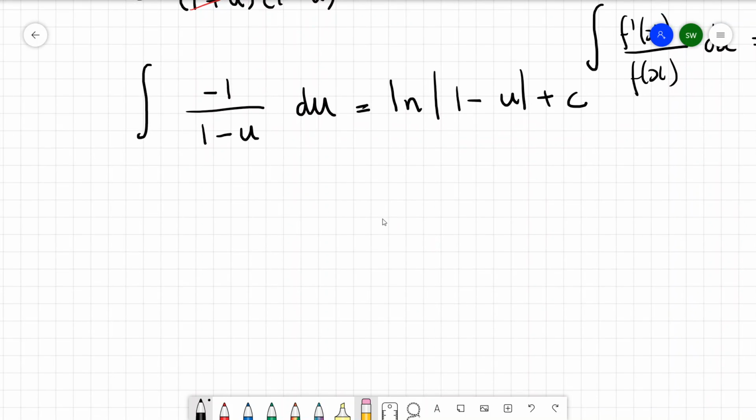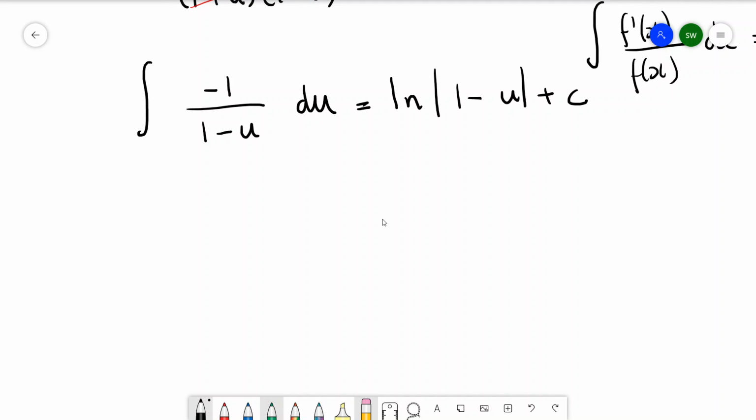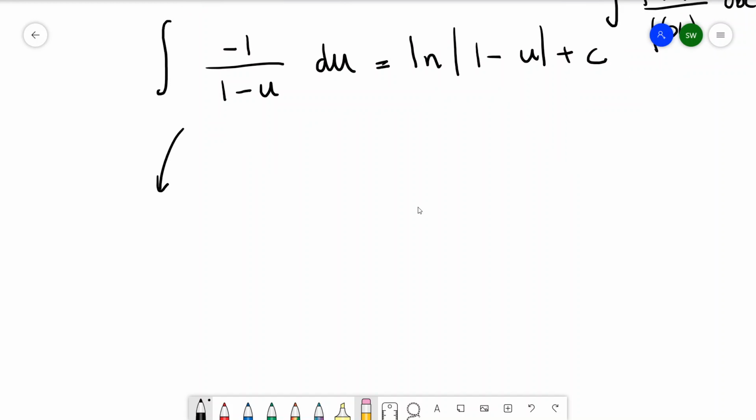If you don't spot that and you wanted to use a formal method, then you could use substitution. And we just got to be careful here because we're going to have to use a new variable for substitution. So let's use v instead of u because we've already used u. So the substitution that will help us work this out is if we let v be the denominator.